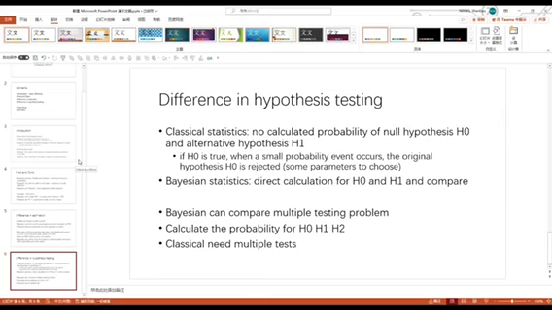But with Bayesian statistics, we can set values of theta for different H0, H1, H2. H1 means product 1 is better than 2, H2 means the opposite, and H0 means they are the same. So we only calculate H0, H1, and H2 three times and compare, and we can get the result.